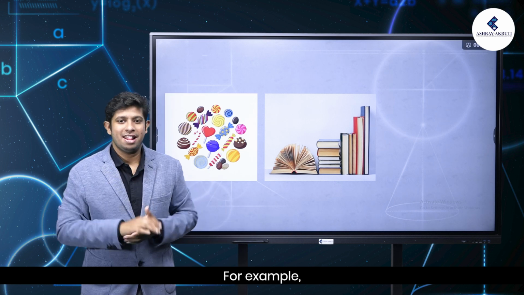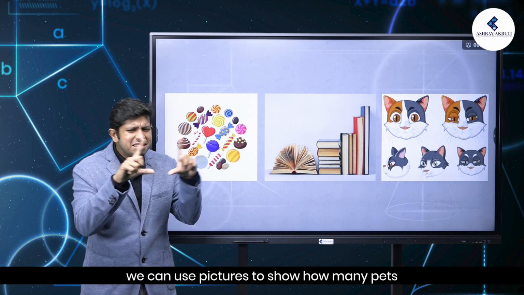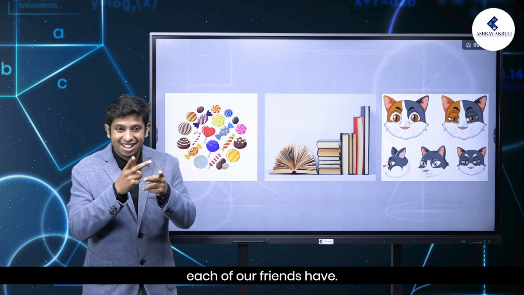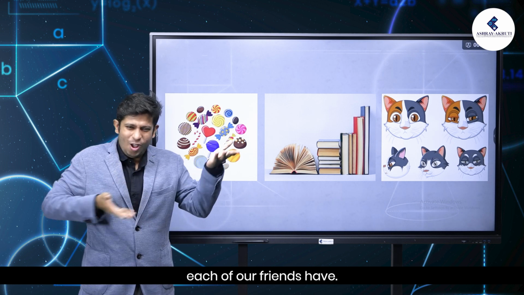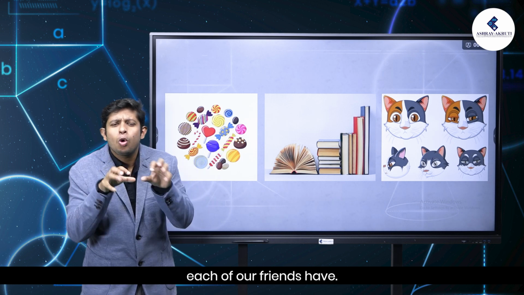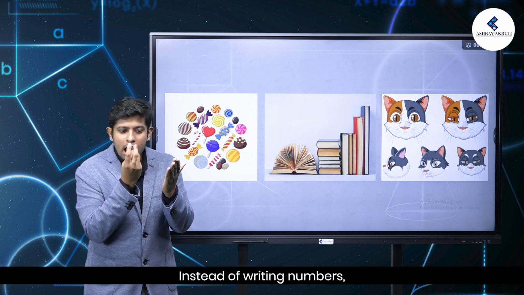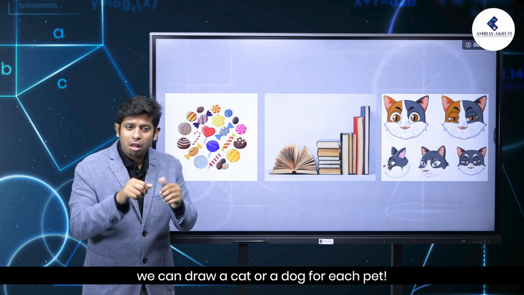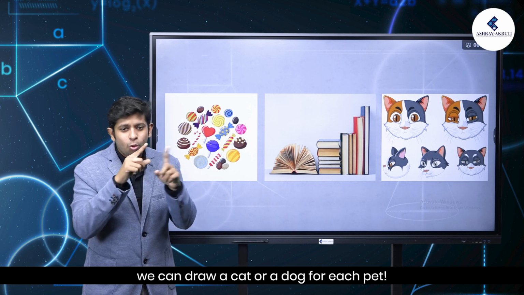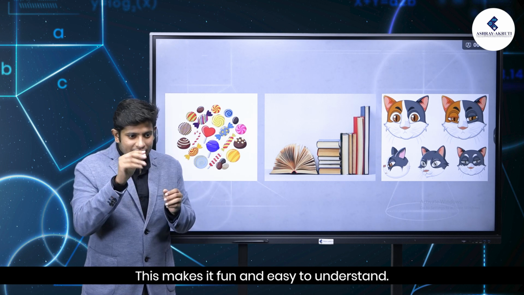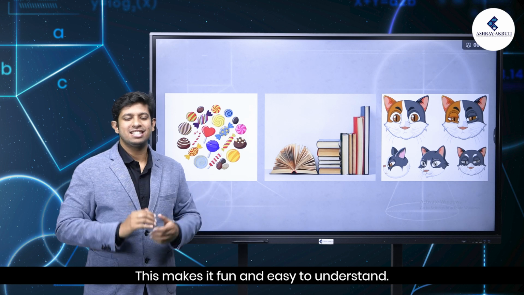For example, we can use pictures to show how many pets each of our friends have. Instead of writing numbers, we can draw a cat or a dog for each pet. This makes it fun and easy to understand.